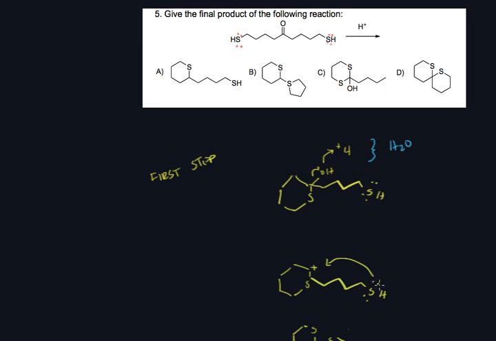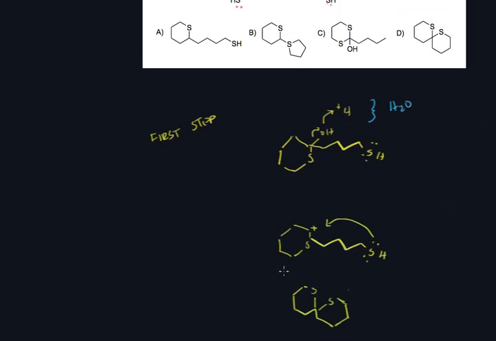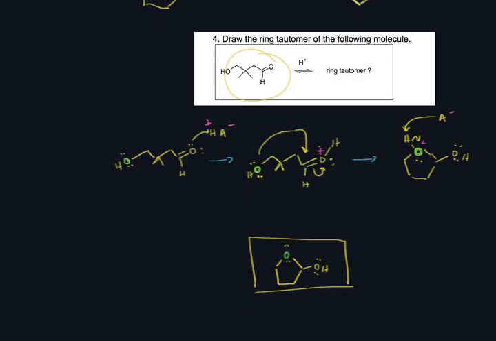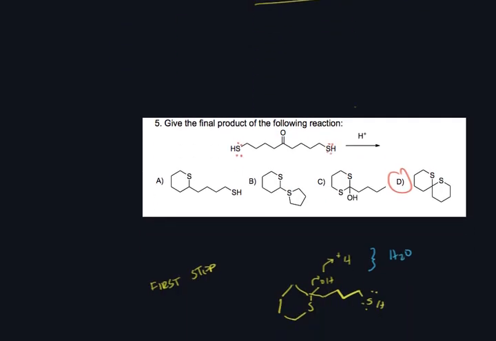Then the electrons from this sulfur can come in and attack, forming 2 closed rings. And so that is answer choice D. I didn't go into as much depth on that mechanism, but it's really just electron pushing, and you do it the same way that you do example number 4. You just do it 2 times.